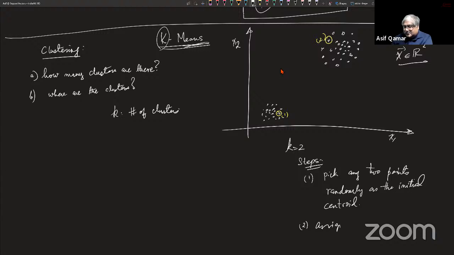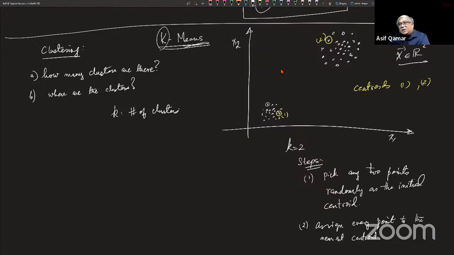Step 2: assign every point to the nearest centroid. Here, initially you said centroids are 1, 2. So if I were to take this point, which centroid is it closer to?